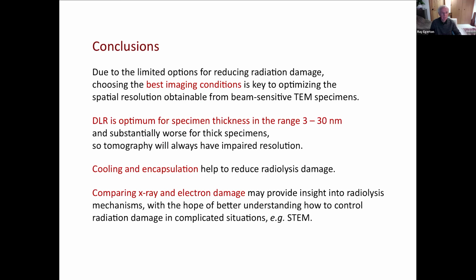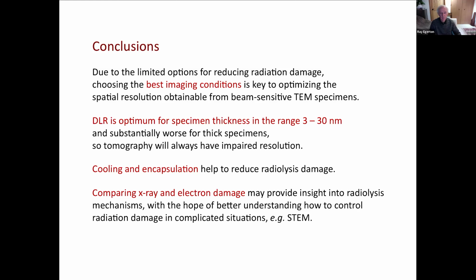So just in summary, the most effective thing you can do to reduce radiation damage is to optimize your imaging conditions. Choose the best method for imaging and the best instrumentation, including the kV and the detector. Dose-limited resolution is a useful parameter for measuring damage.